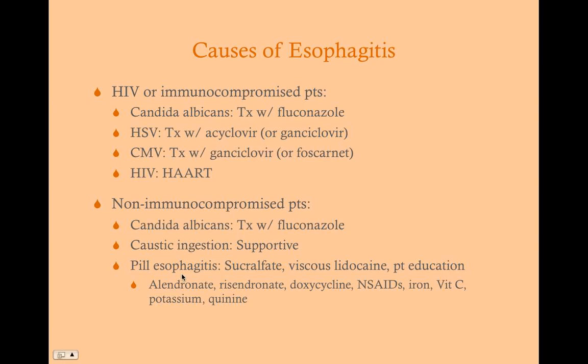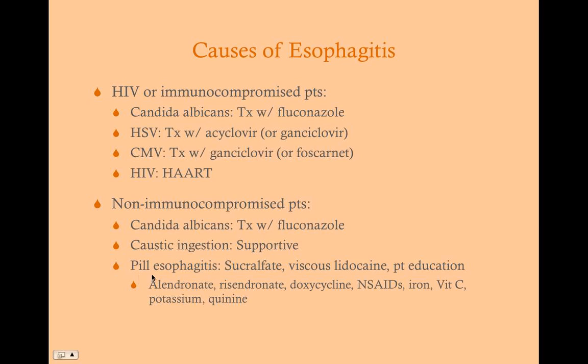And then pill esophagitis is usually what happens when the patient takes a pill, goes and lies down, and the pill doesn't get all the way down. It causes irritation to the esophageal wall, and that's going to cause the esophagitis. Any non-immunocompromised patient that doesn't have oral thrush, you're going to be doing an EGD.